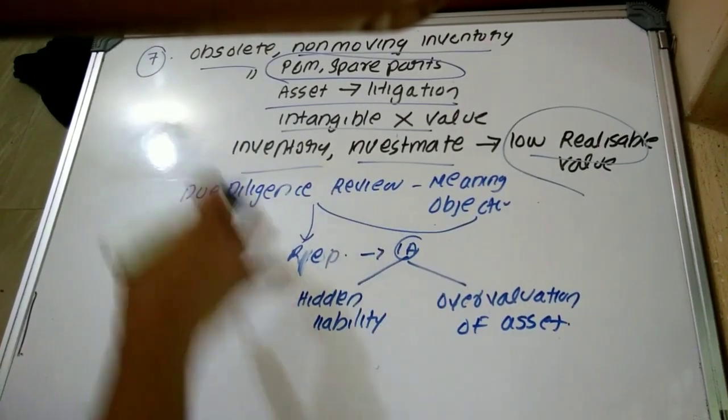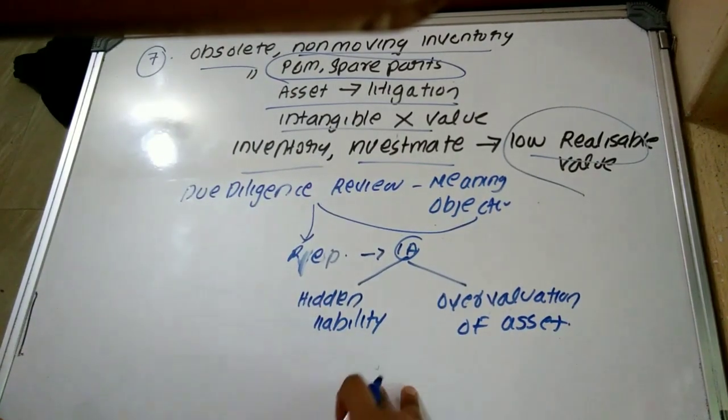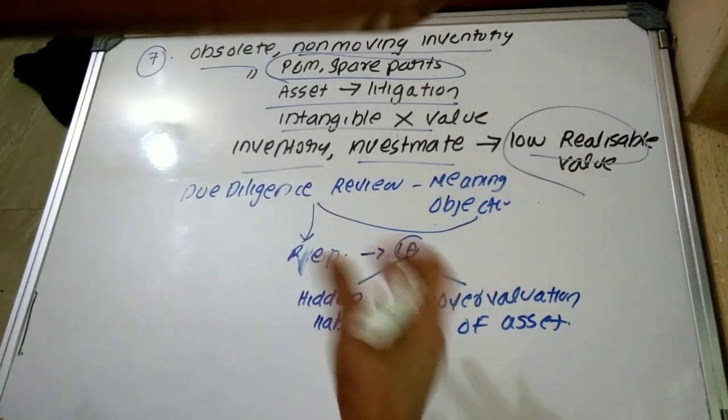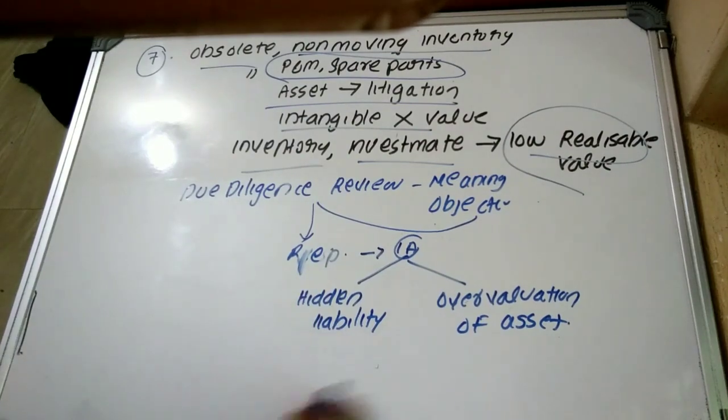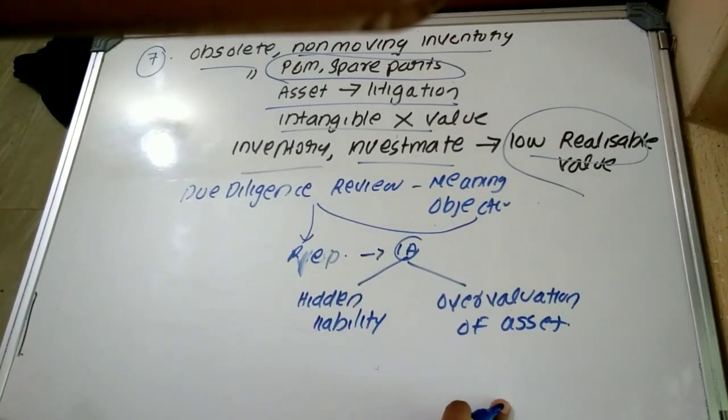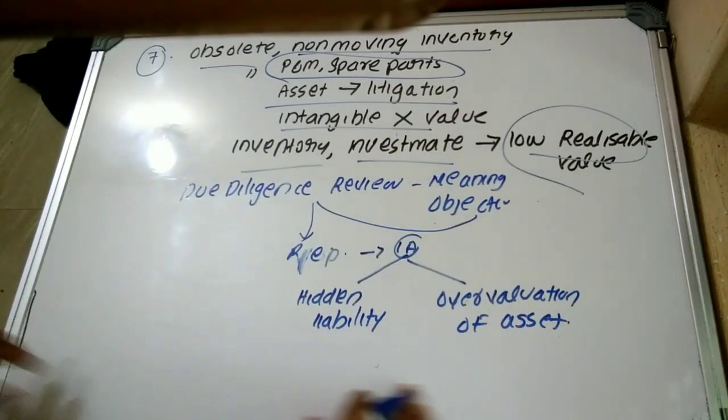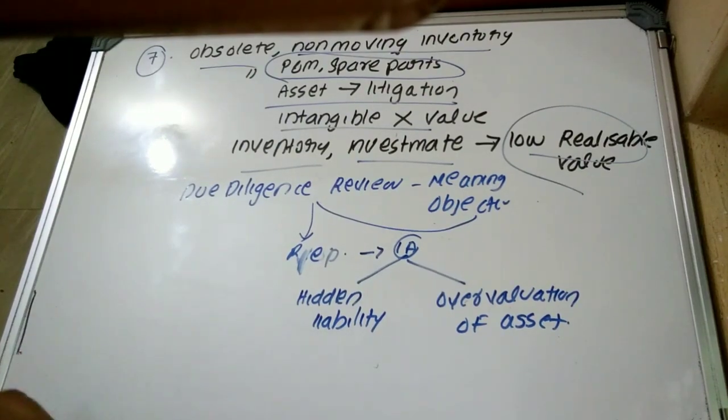Hidden liability we have already discussed. The investigating accountant should determine whether there exist any indicators of hidden liability and indicators of overvaluation of asset. So this is the answer to question number 7. Moving towards the next question.